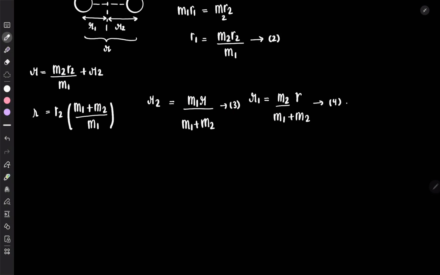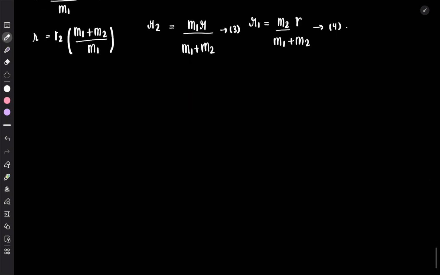Fine. Now our goal is to find the moment of inertia. So the moment of inertia of the whole system is equal to what? Sum of it. So I is equal to I1 plus I2. Moment of inertia is nothing but m1 r1 square plus m2 r2 square. Just substitute the values.